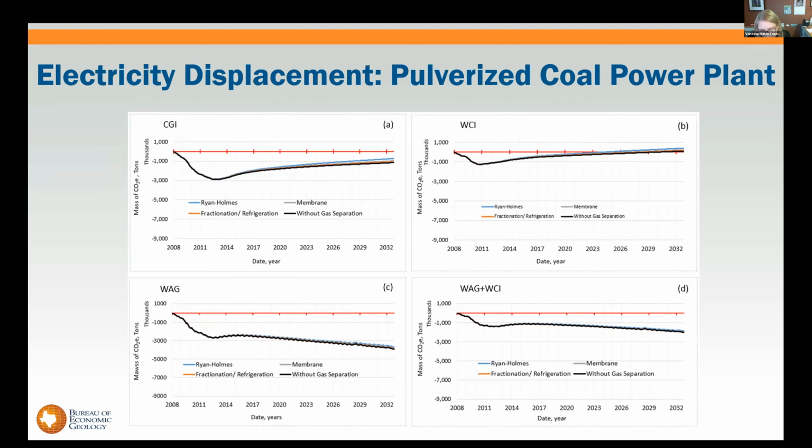The effect of this displacement more than compensates the associated emissions. And I think it's a very reasonable assumption to account for the electricity displacement from a conventional power source.